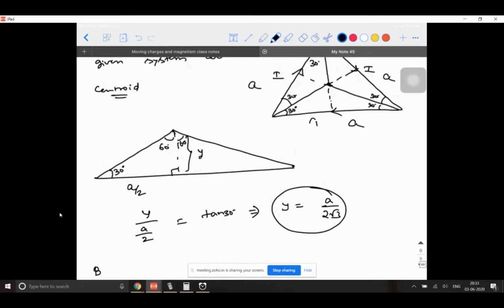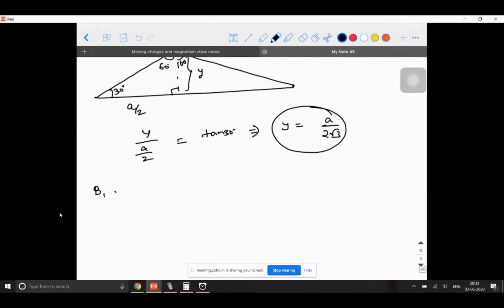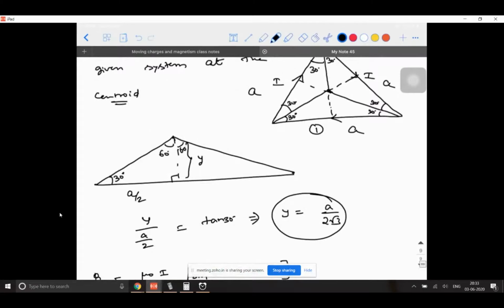If I take the bottom one to be the first conductor, B1 will be equal to mu naught I divided by 4 pi into a by 2 root 3 into sine 60 plus sine 60, in the direction of minus k cap.